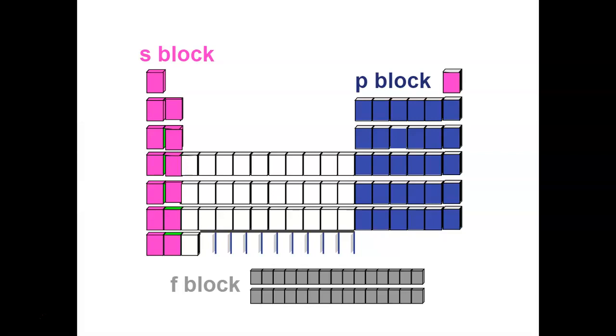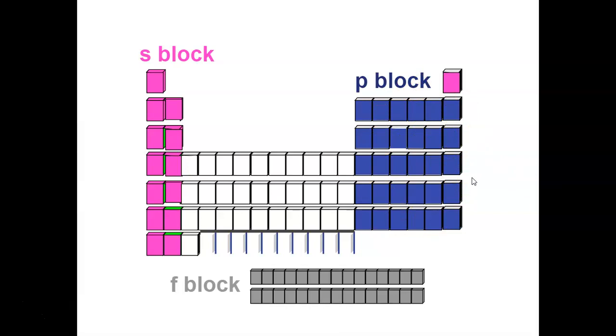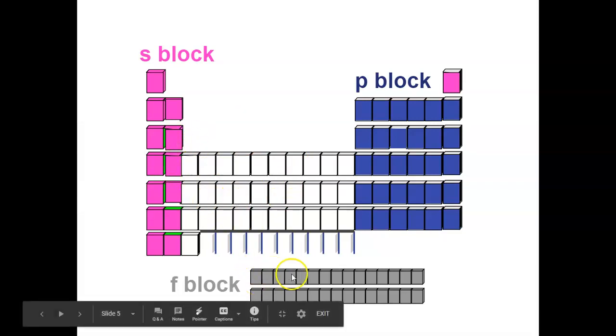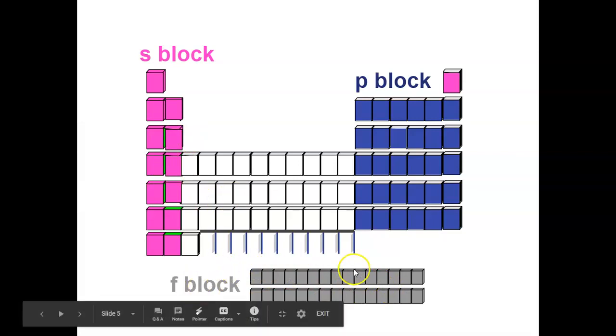Then you have your P block, which is over here. That's the group that has boron, carbon, sulfur, things like that. This one didn't label. It is the D as in dog, D block. That's your transition metal group. And then your lanthanides and actinides are your F block.